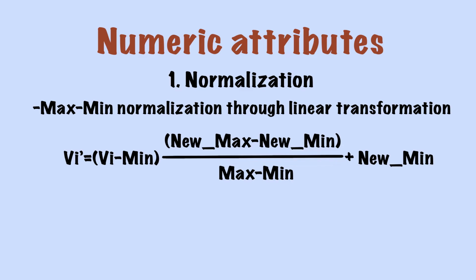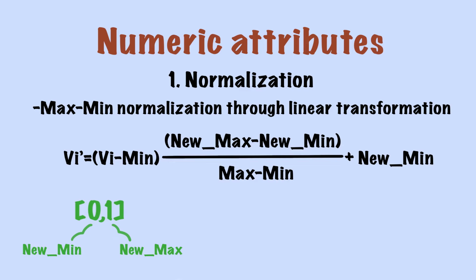In most cases, we transform our data to the range of 0 to 1, so new minimum is 0, and new maximum is 1. Again, it all depends on your interest. You can convert the data to the range of -100 to 0. That's totally fine.